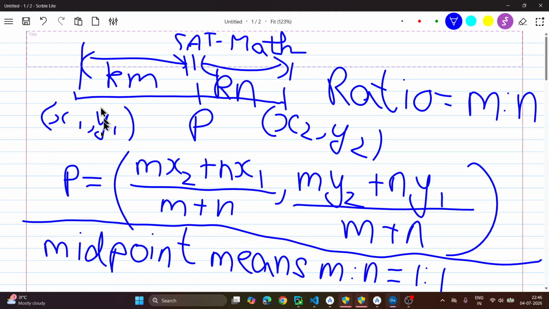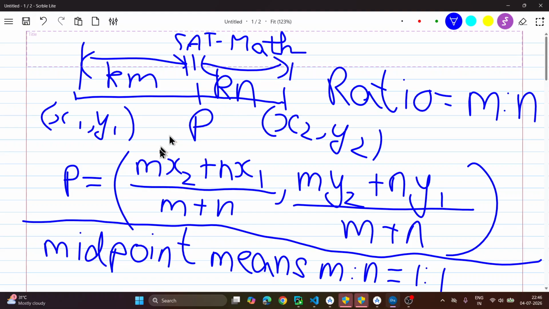So they give you x1, y1, x2, y2, and P cuts the line in a certain part. P is a point that cuts the line and divides the line into two lines, where the first line is to the second line, those distances, is m is to n.